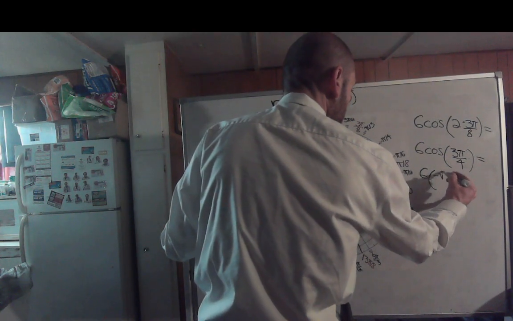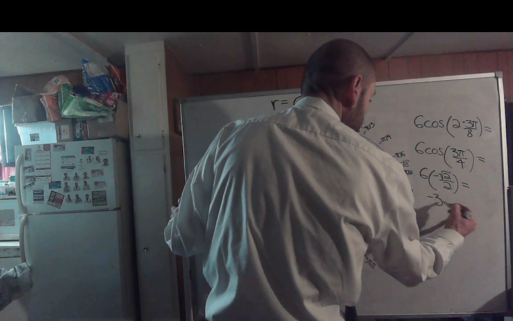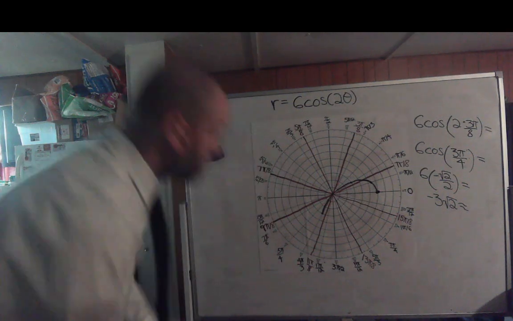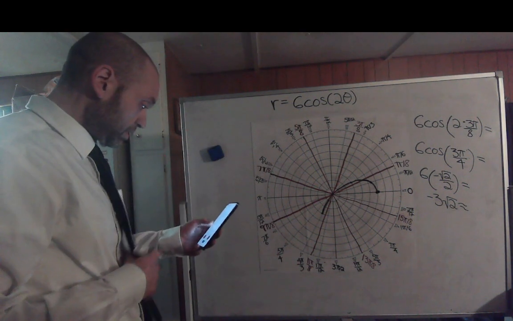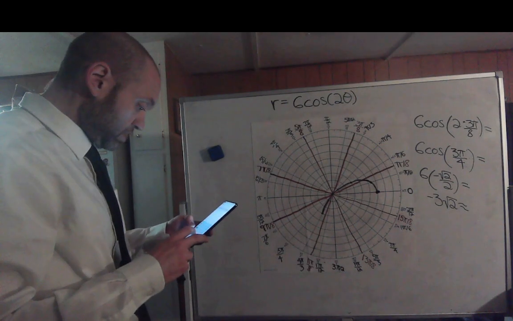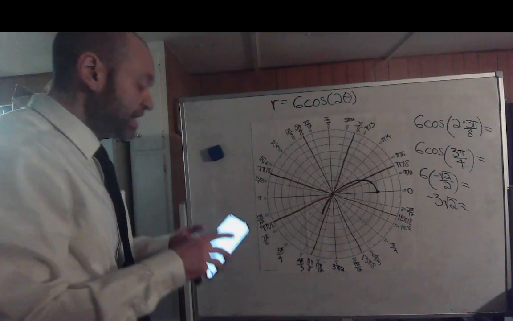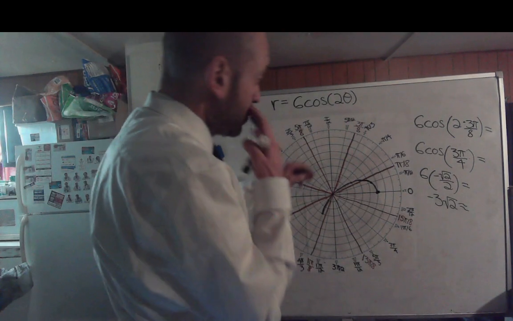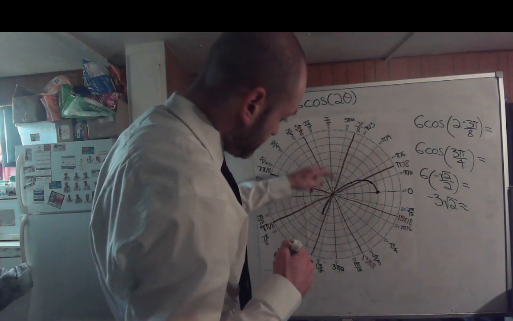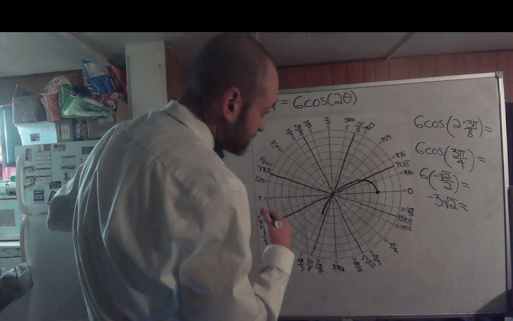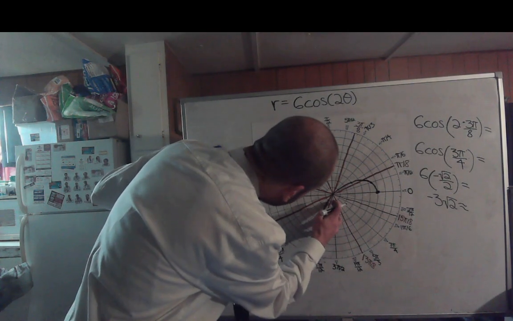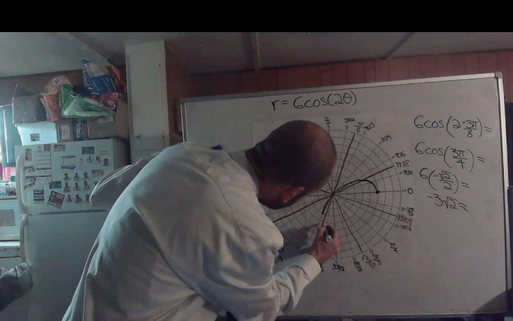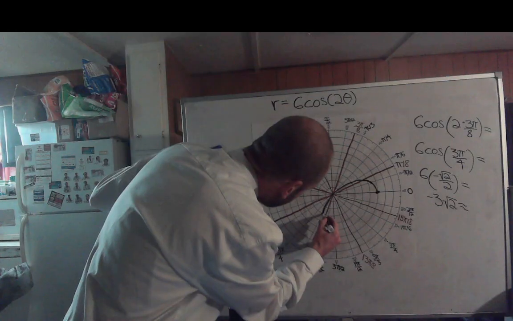So cosine of 3 pi over 4, that's going to be negative square root of 2 over 2. 6 times that quantity gives me negative 3 times the square root of 2, which let's see what we get in terms of a decimal. That's about negative 4.24 when we're at 3 pi over 8. If I go in the negative direction, that'll put me at 11 pi over 8. So, let's see, 1, 2, 3, 4. So we're going to be all the way down here roughly.